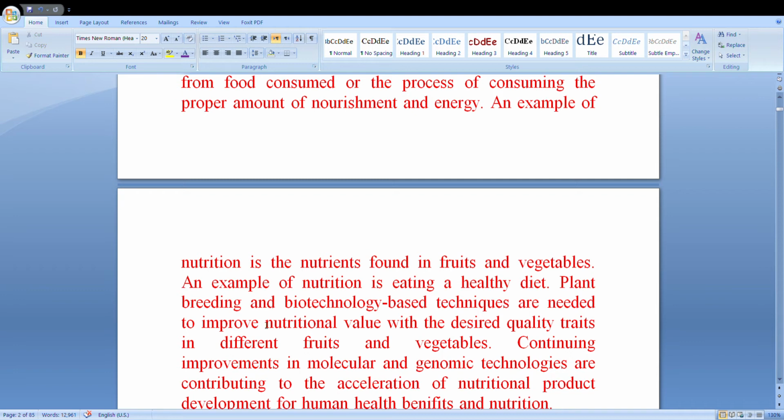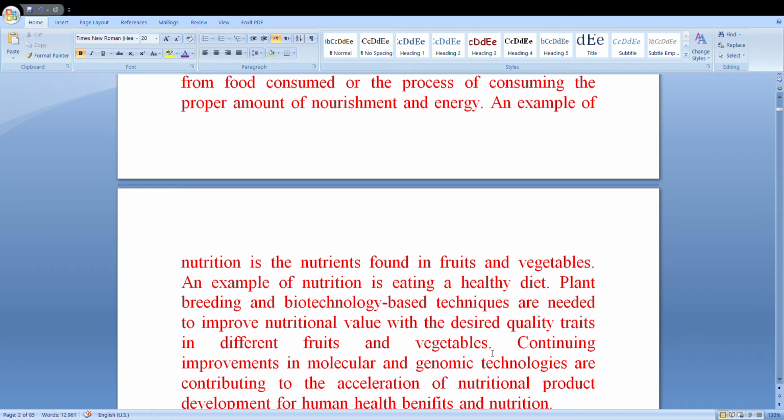Plant breeding and biotechnology based techniques are needed to improve nutritional value with the desired quality traits in different fruits and vegetables. So plant biotechnology based techniques or technology are most important to improve the nutritional value in different fruits and vegetables.